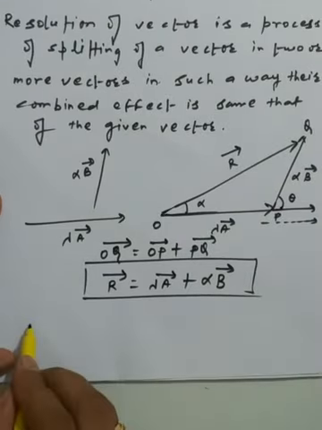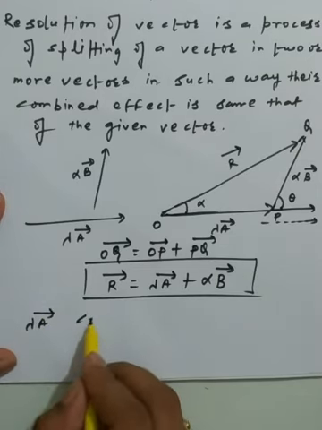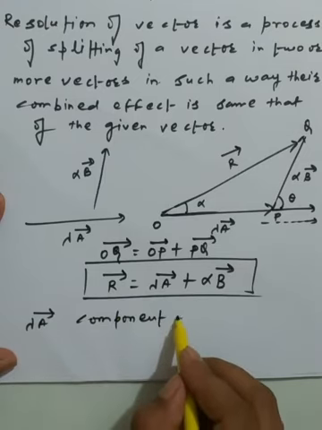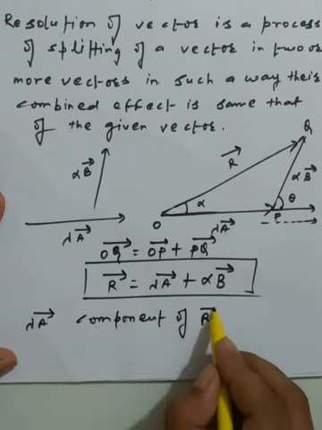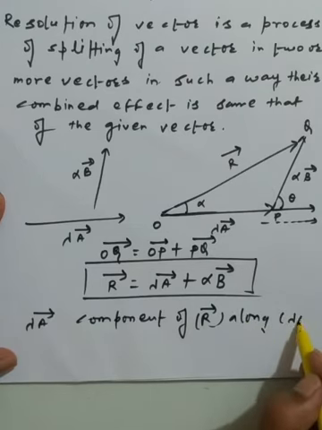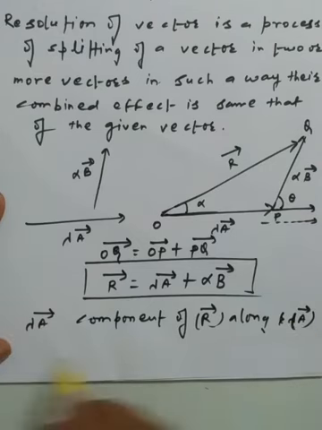And what is the meaning of the lambda A vector we have? It's the component of R along vector A. Okay, so this is the simplest representation.